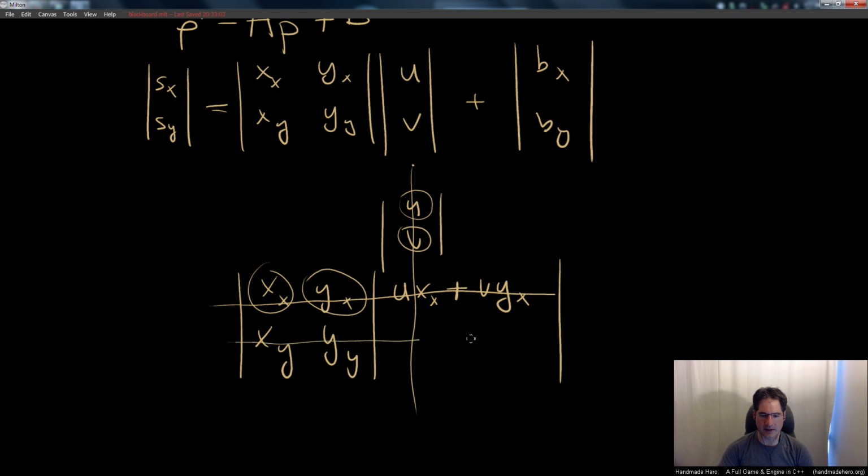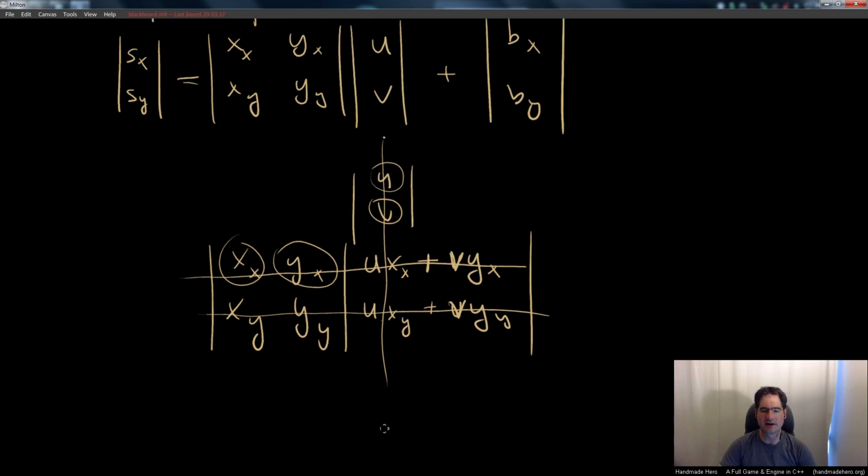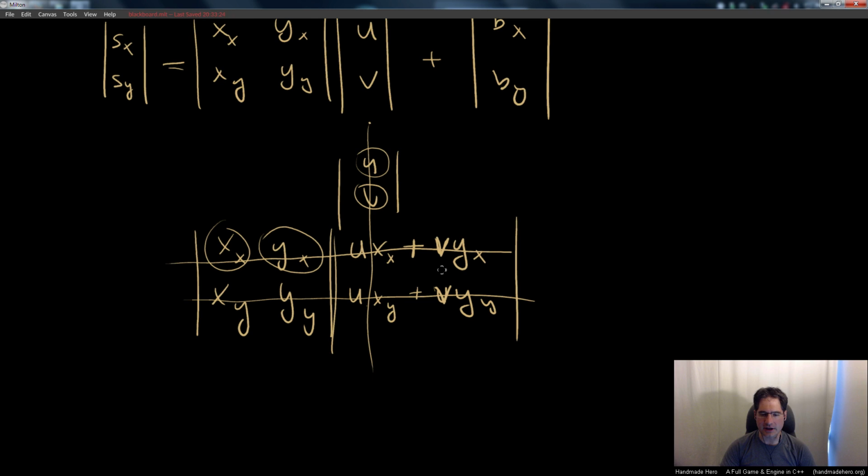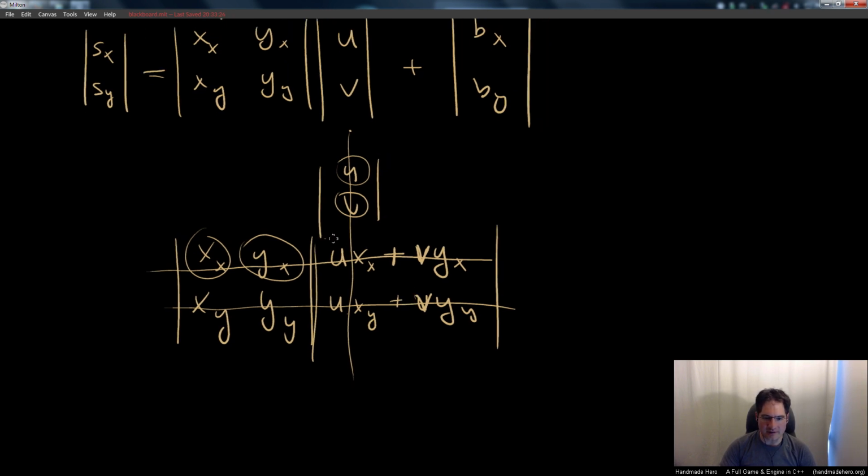I do the same thing here. So I do uxy, and I do vyy. I wish u and v were a little more clean, right? And this is the result I get. It's a vector result, right? There's two elements to it, this one and this one. And if you look at how these break down, you can see these terms isolate very cleanly, don't they, right?